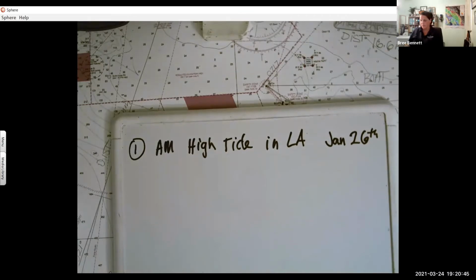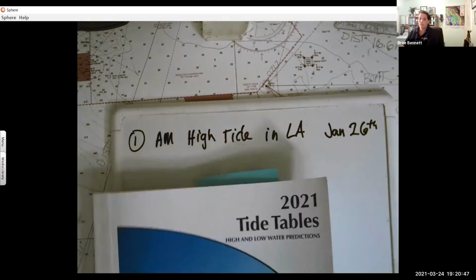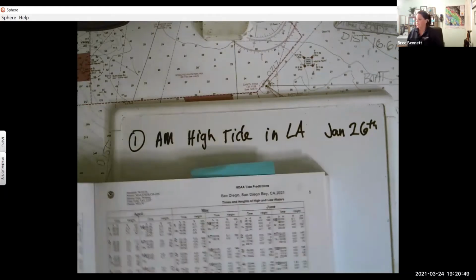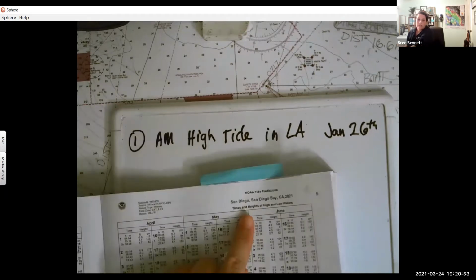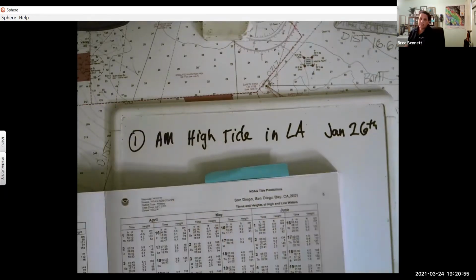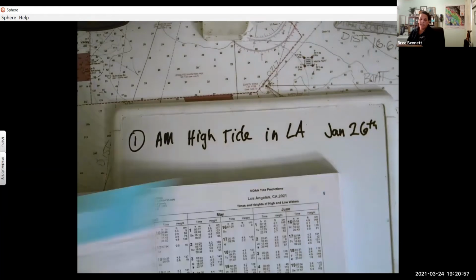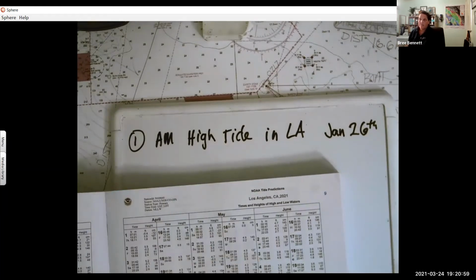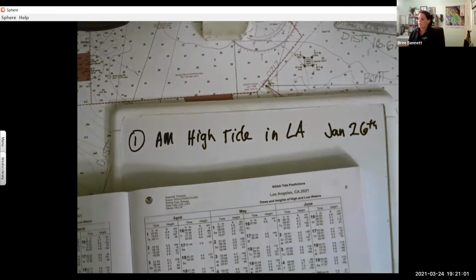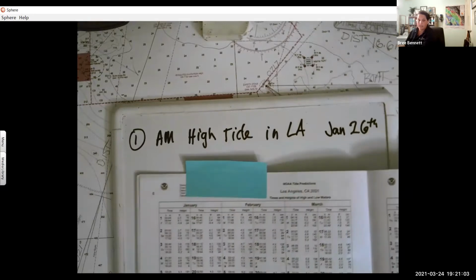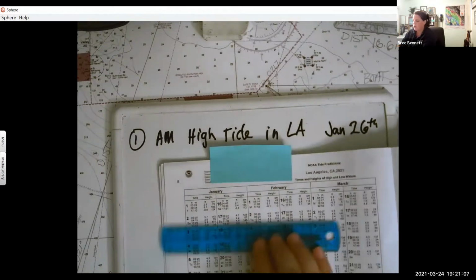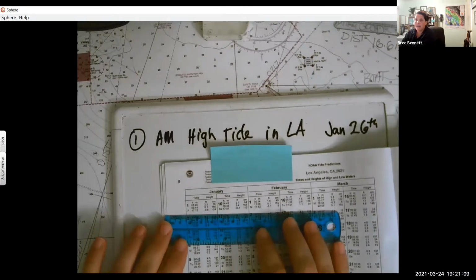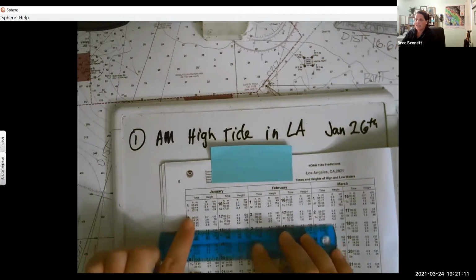So we are going to go to our tide tables, to our LA section. You should have San Diego daily pages and LA daily pages. So we want to be in the LA daily page section. And then we are going to go down to January 26th.